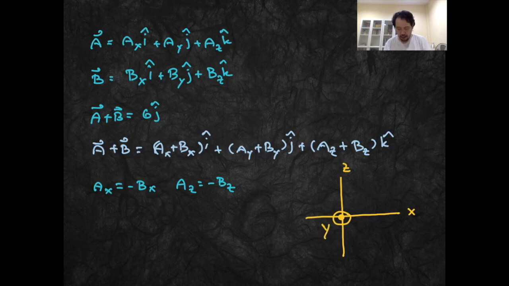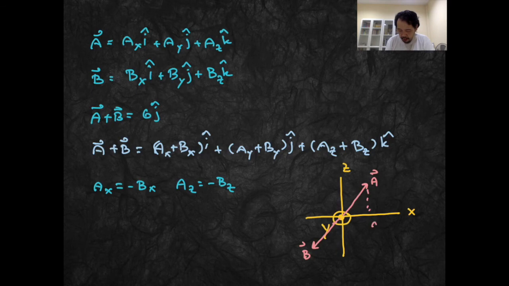Imagine that we put the x-axis and c-axis on the screen, and the y-axis points outward from the screen. If we write vectors A and B, it is something like this. This is A and this is B.